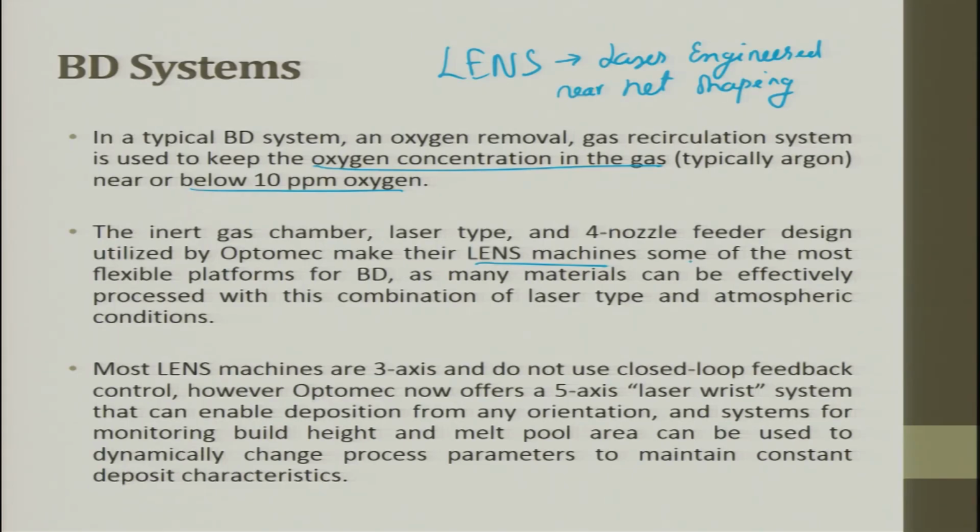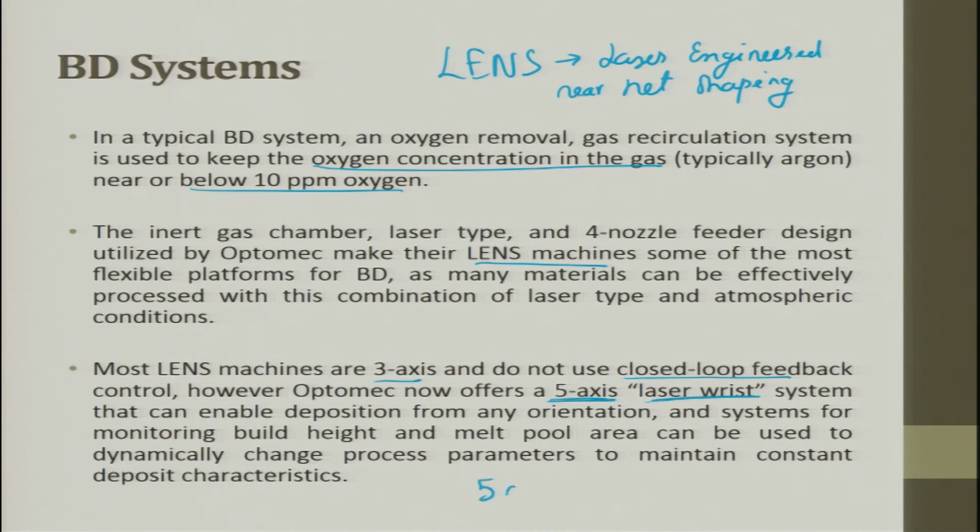Okay, LENS machines are some of the most flexible platforms for DED, as many materials can be effectively processed with this combination of laser type and atmospheric condition. Most LENS machines are 3-axis and do not use a closed loop feedback control. However, Optomec now offers 5-axis laser wrist, which has all freedoms.